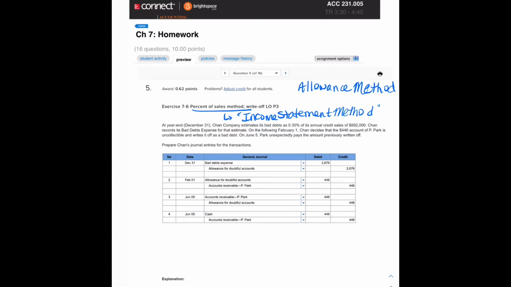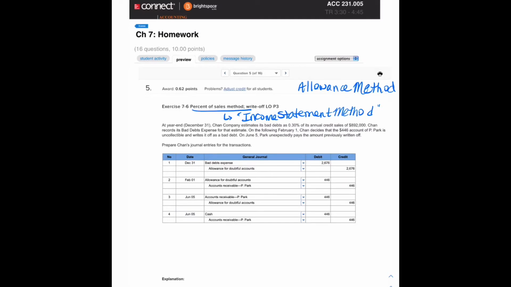And the first thing I want to tell you is that with the percentage of sales method, what we are going to calculate is the actual adjustment, which means that I do not need to consider the beginning balance in my allowance account when I make this adjustment.